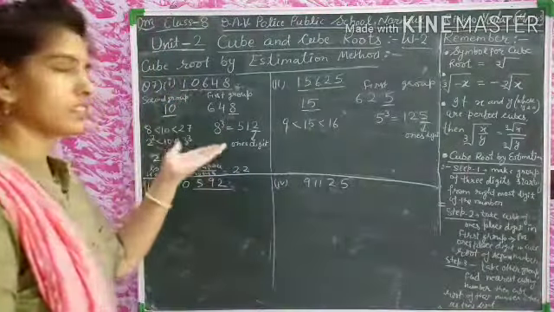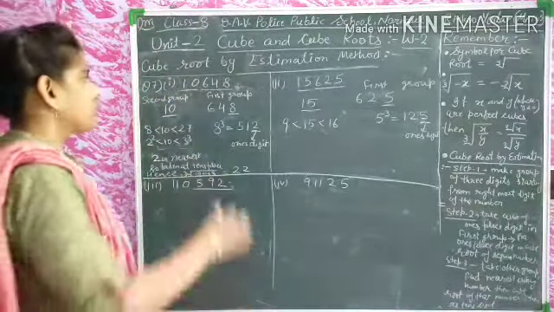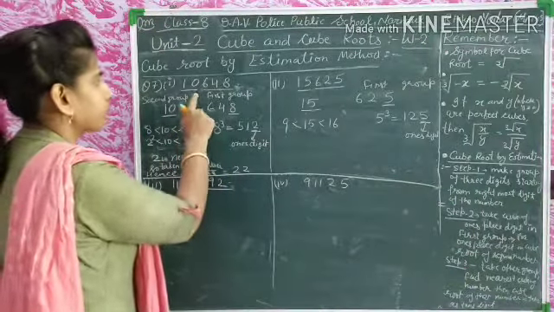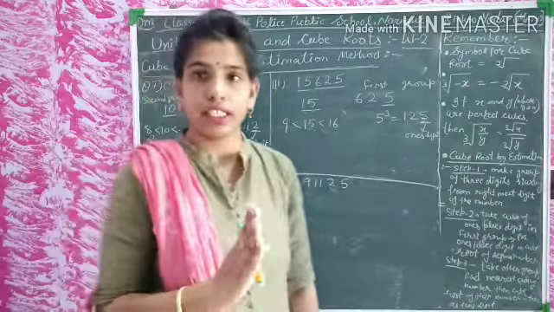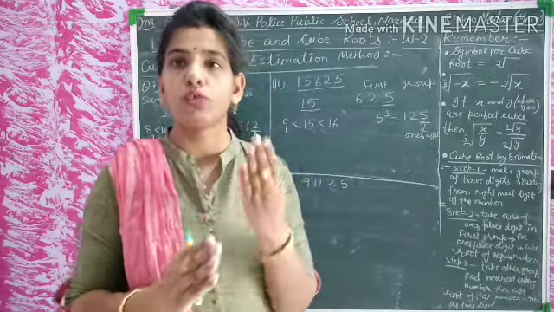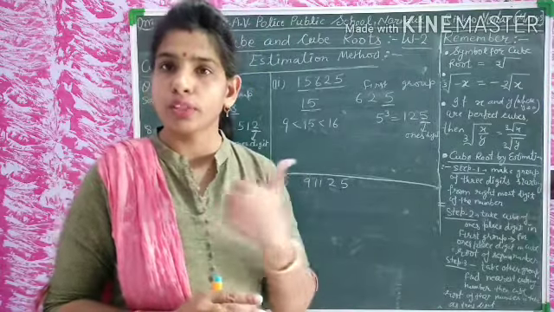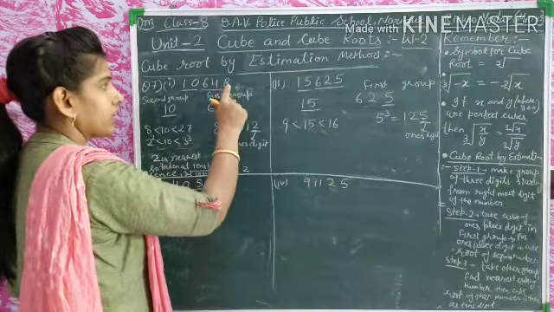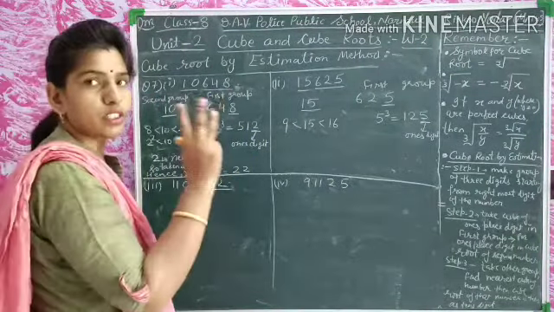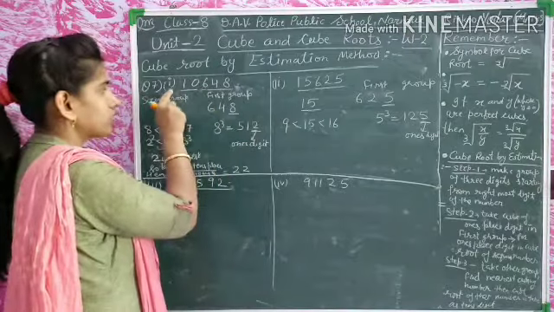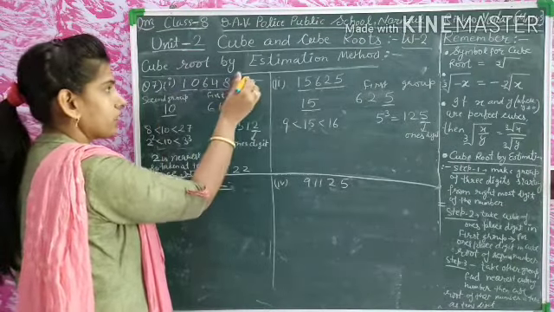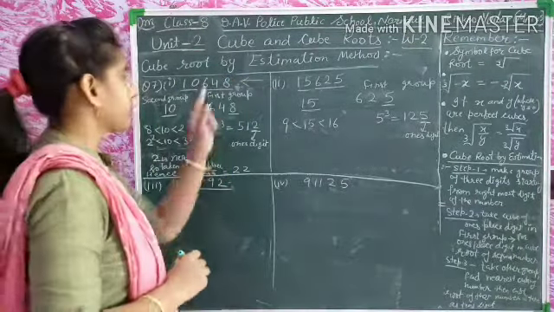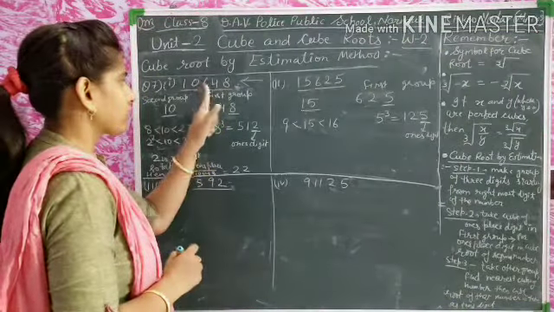It's very simple. Do understand this method easily. First, take groups of 3 digits from the right side. From the right side, we take 3 digits as one group, then 3 digits as one group, and then 3 digits as one group.